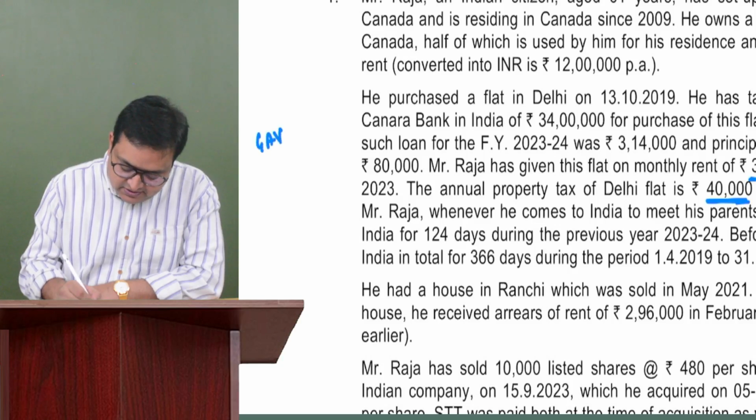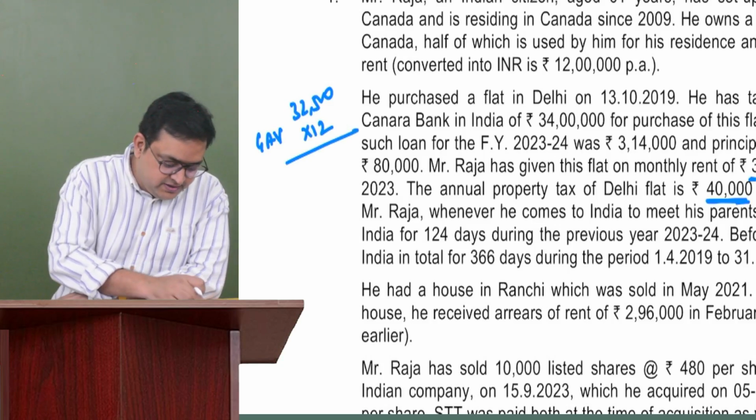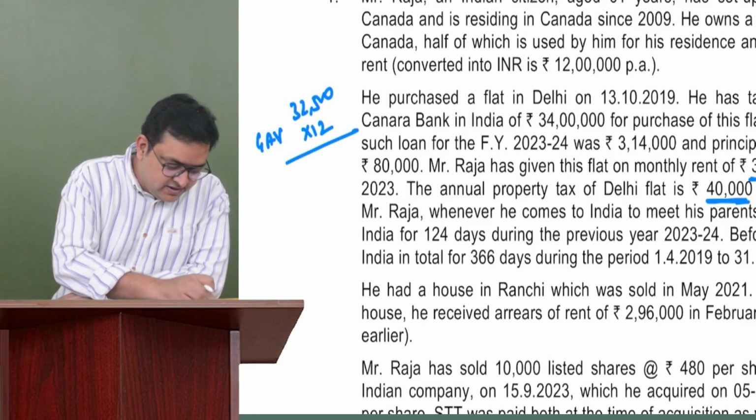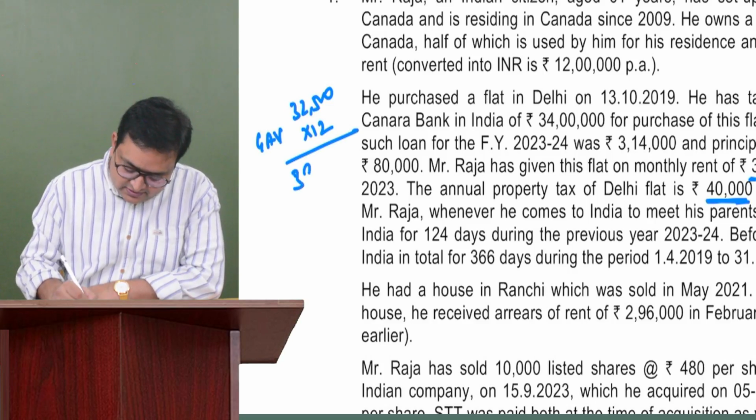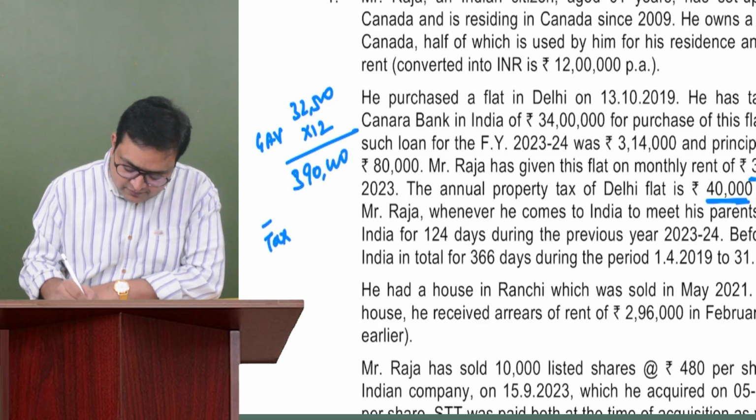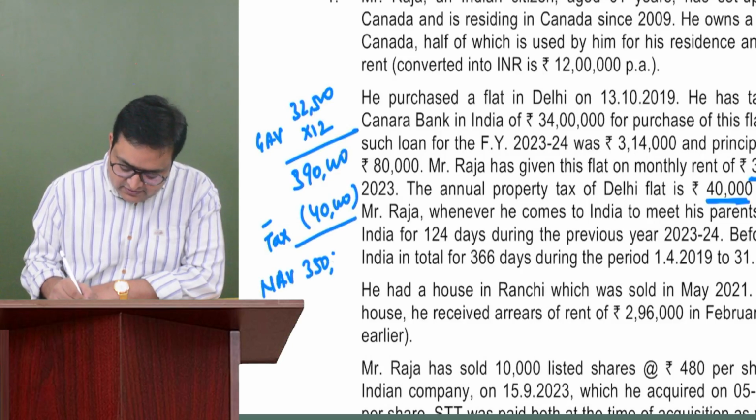GAV will be 32,500 into 12, which is 3,90,000. This would be GAV minus municipal taxes paid. He is also paying 40,000 as taxes, so his NAV would be 3,50,000.